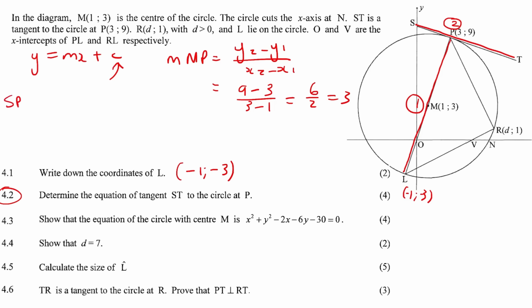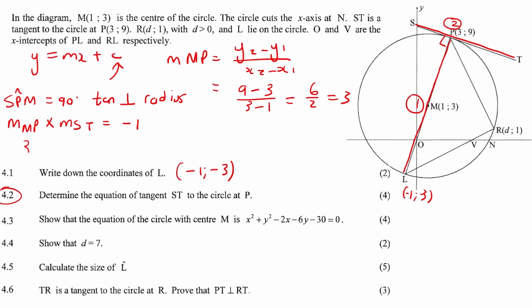So the angle SP is 90 degrees. Why? Because you have a tangent that is perpendicular to the radius. And so because those two lines are perpendicular, we can then say that the gradient of MP multiplied by the gradient of ST must be minus 1. That is just something that we know when two lines are 90 degrees to each other.